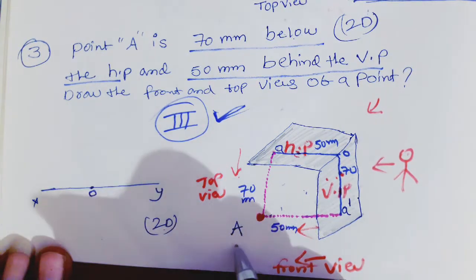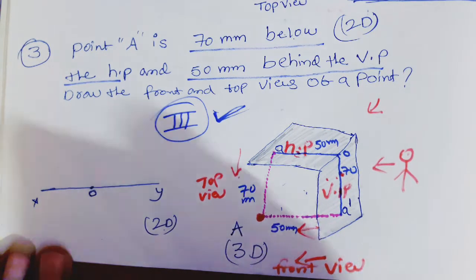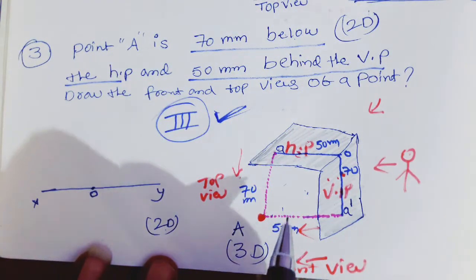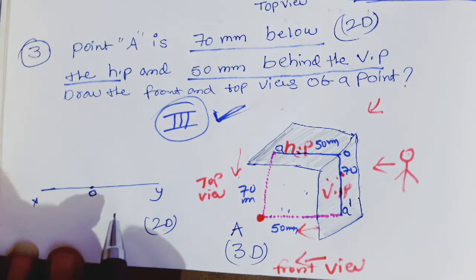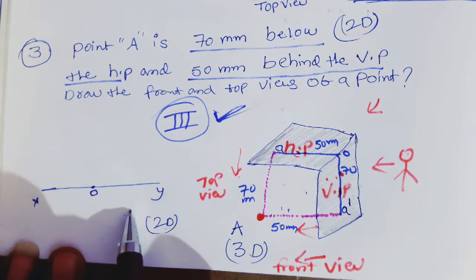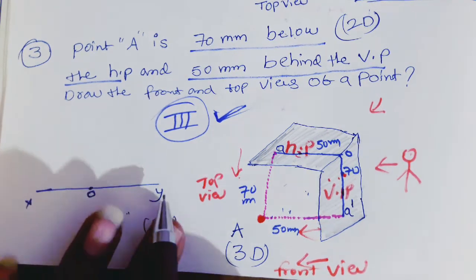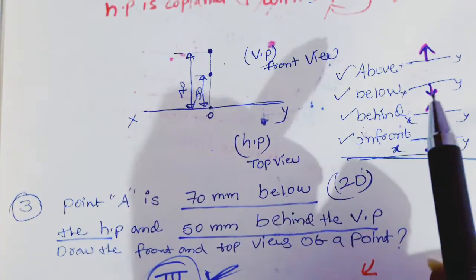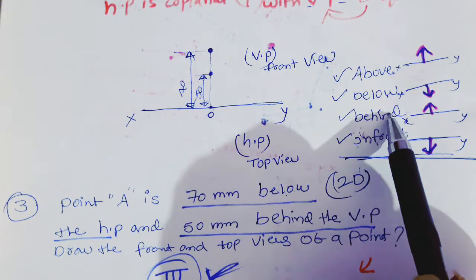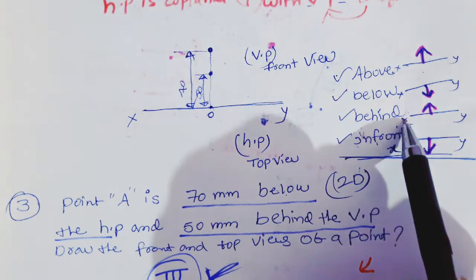This is the 3D imagination. If you will not imagine this, you will not be able to draw the 2D drawing of a point, a line, or a plane. So in this case, if you will not imagine, then blindly follow these important solutions.